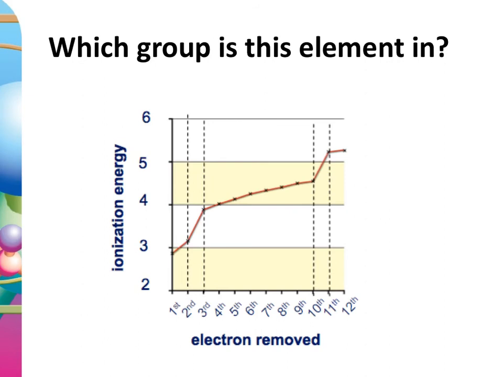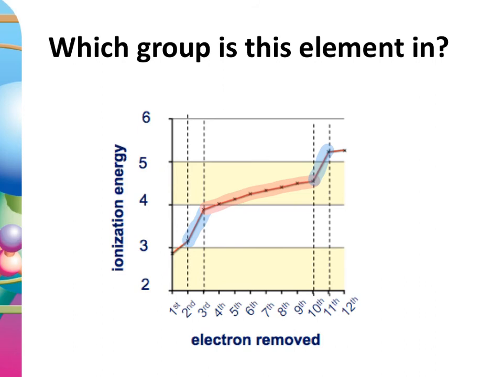Okay, so we could be given a graph like this and be asked which group is this element in. Well, there is a big jump in ionization energy after the 2nd electron has been removed, so when we now remove the 3rd. And then we can see that we then have 8 electrons, and then there's another big jump after the 10th, so when the 11th is removed.